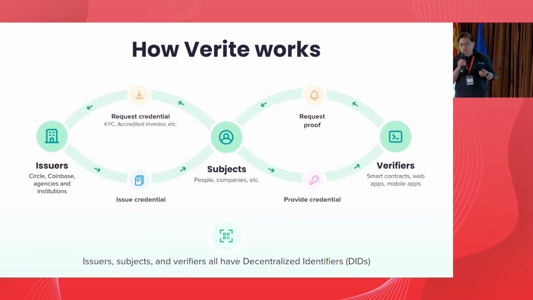So if you can understand what's in the verifiable credential, you can verify it yourself. But if you don't want to do that, you can forward that verifiable credential to a verifier, and the verifier will verify it and say, okay, you're an accredited investor, so now you can participate in the protocol, or use the service provided by the DApp.